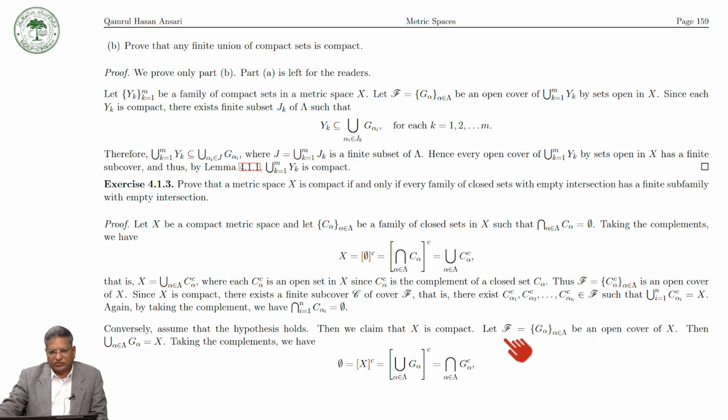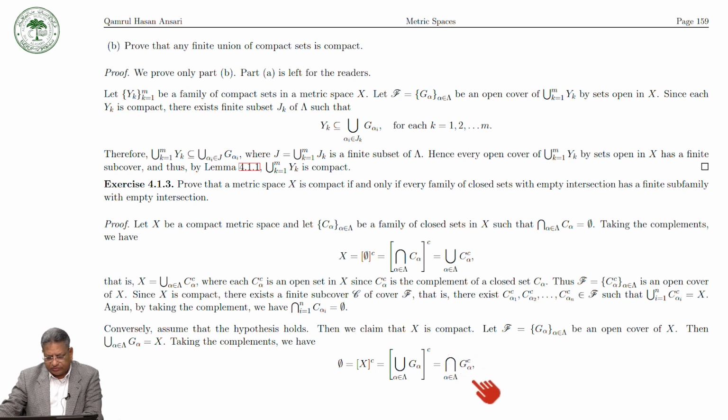Because this is an open cover of X, X must be equal to the union of G alpha. Now take the complement on both sides. The complement of X is the empty set, and the complement of the union of G alpha is the intersection of G alpha complement.